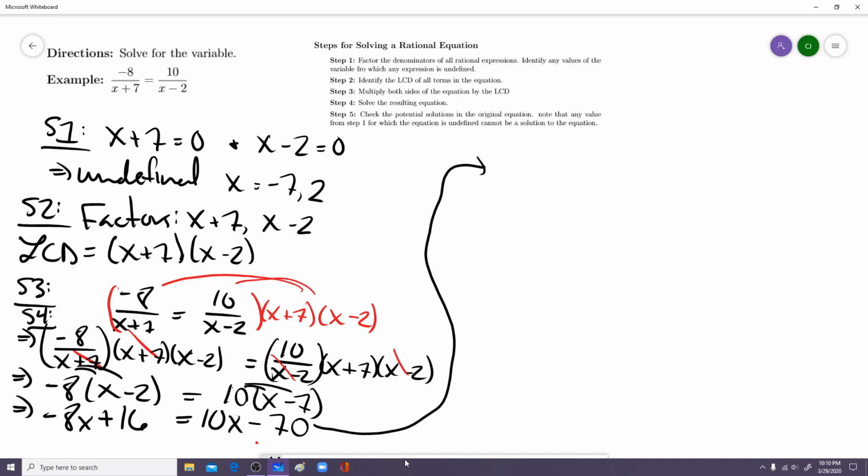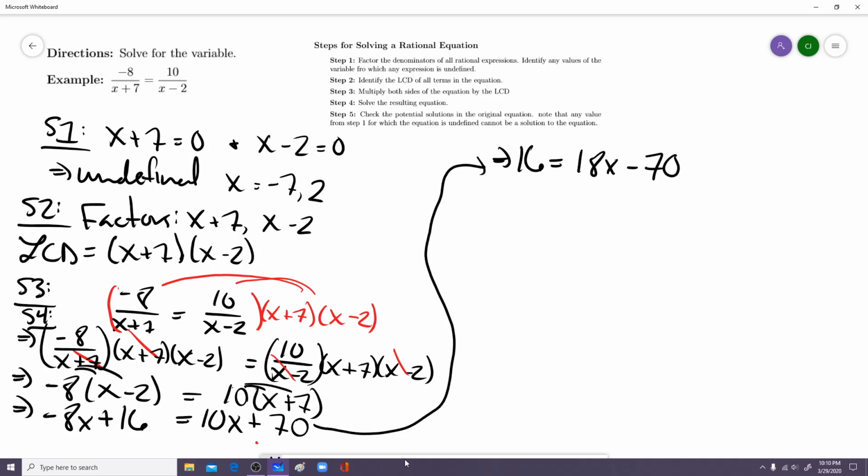When I add 8x to both sides, I am left with 16 is equal to 18x minus 70. I just realized I made a mistake. This is supposed to be x plus 7.